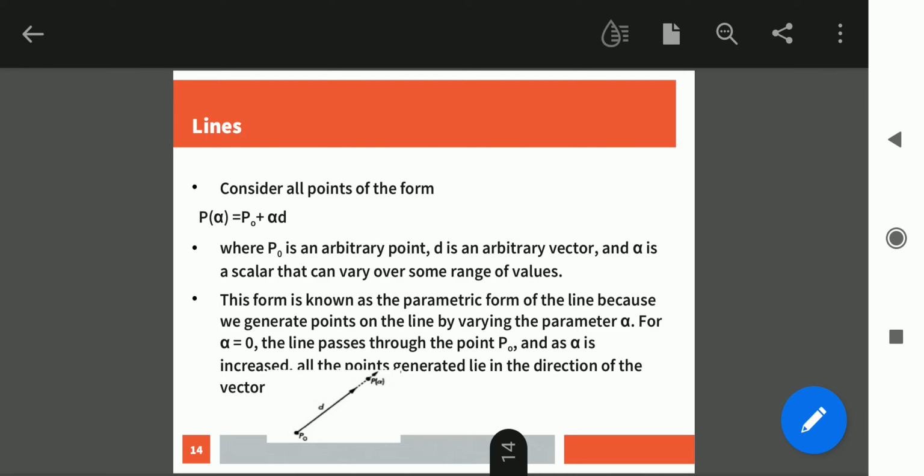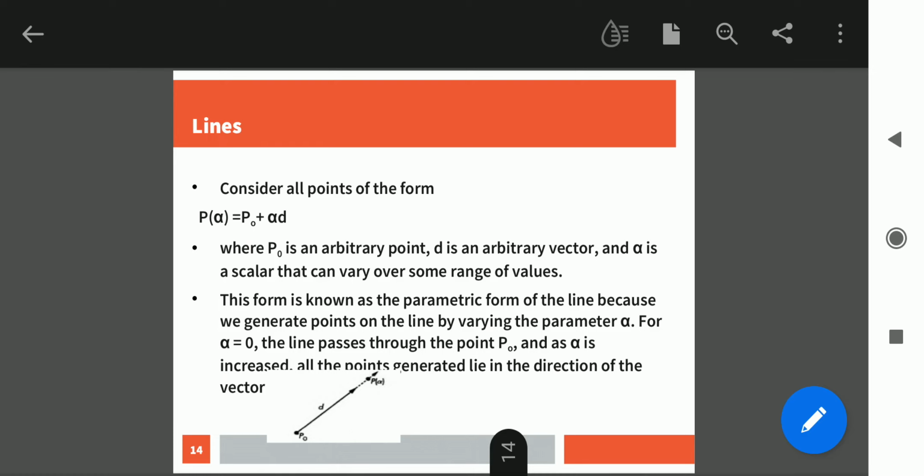Whenever we give an alpha value greater than 0, we'll get some point on this line segment or on the vector D, and we are considering some point on the line segment as P of alpha. How are we going to define P of alpha? That is equal to P naught, that is starting from P naught, we are going to get different values of alpha on the vector D. So P naught plus alpha D. So this form of representation of a line is nothing but the parametric form of a line.